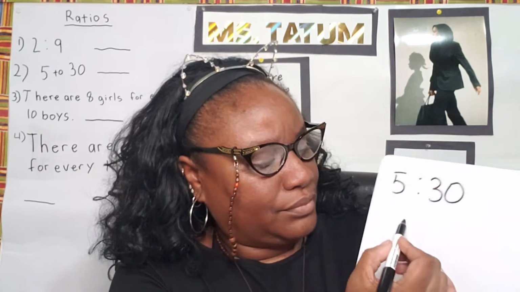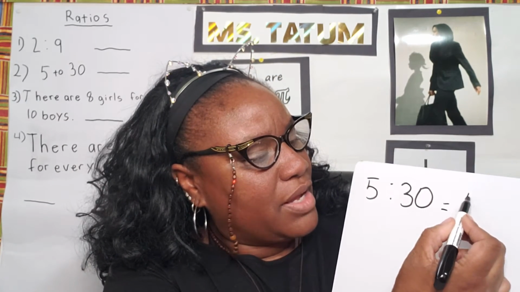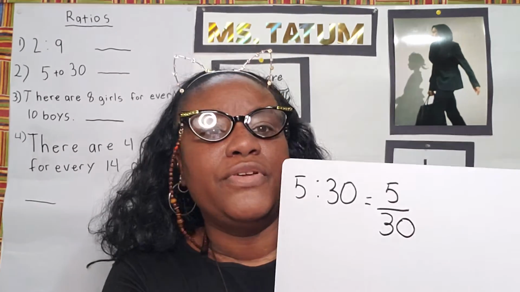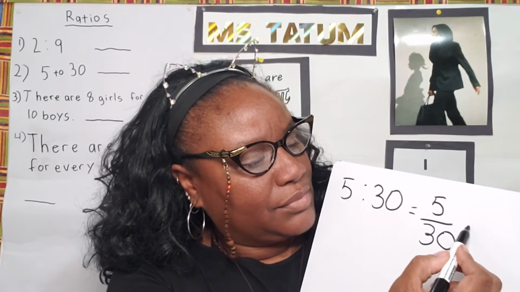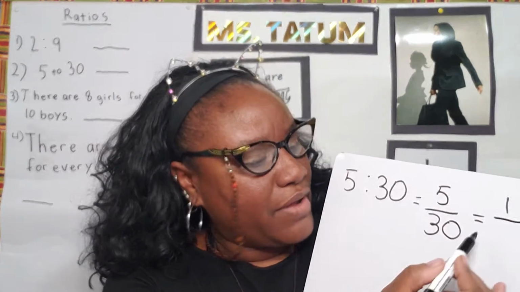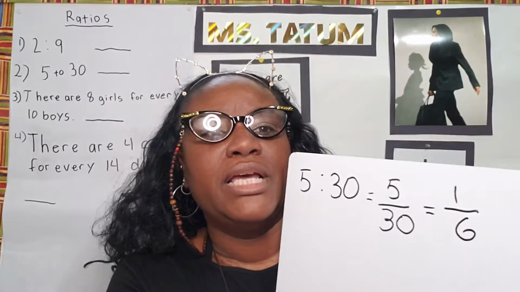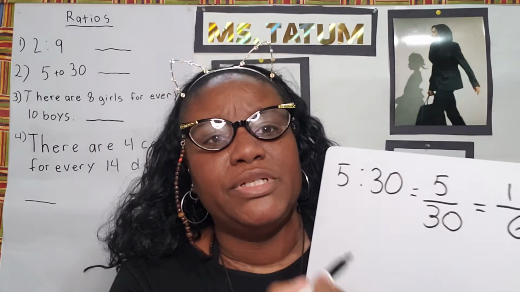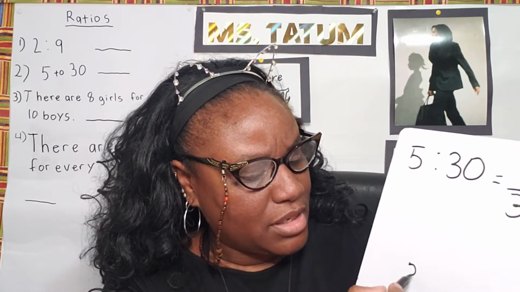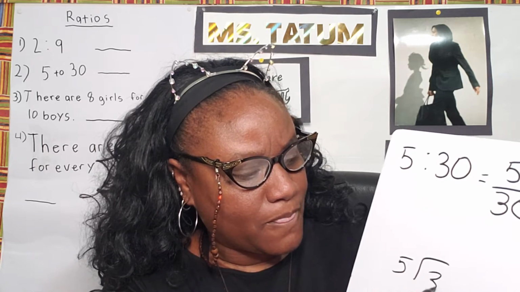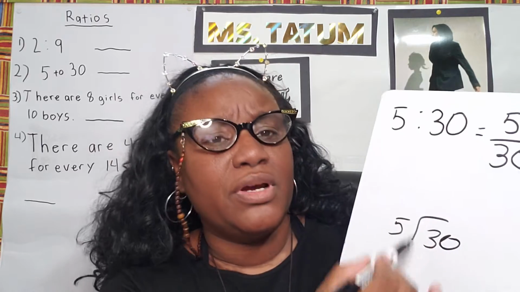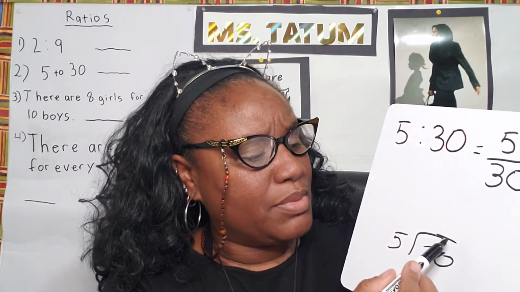So that's going to be 5 over 30, and you can reduce: 5 goes into 5 one time, 5 goes into 30 6 times. Again, if I'm struggling with reducing fractions, I can always divide. How many times does 5 go into 30? Reach for my multiplication chart, and then I'd be able to solve that problem.